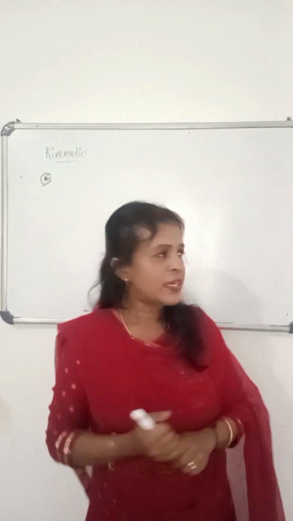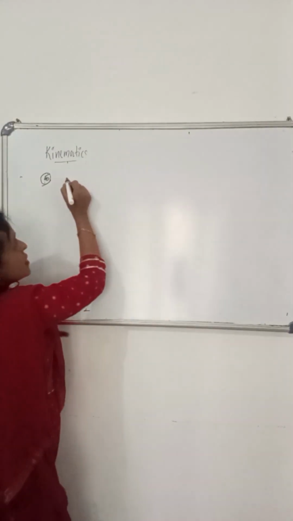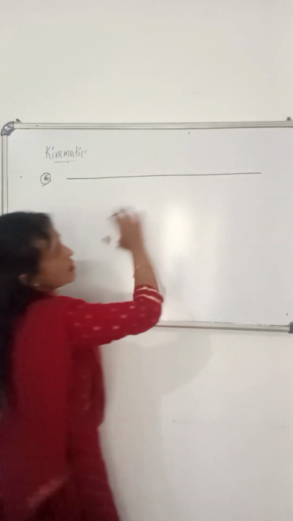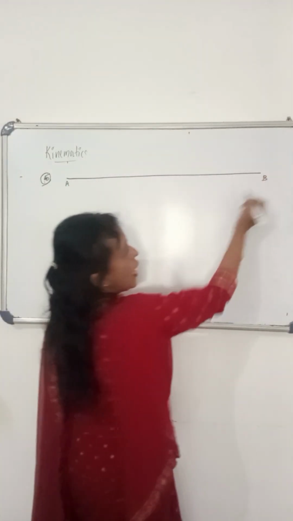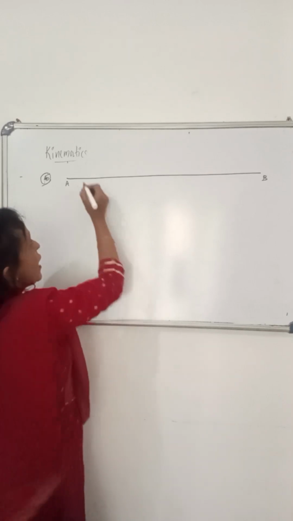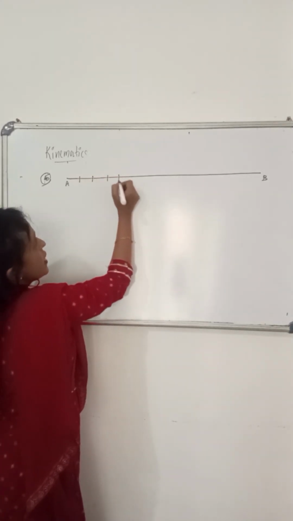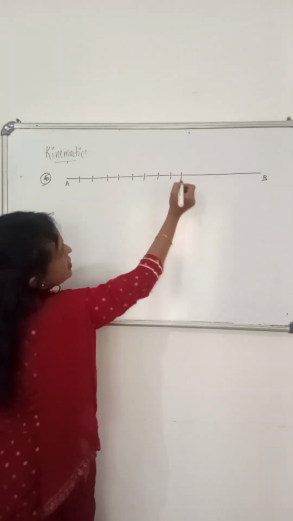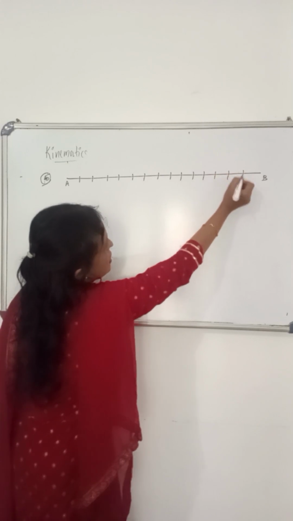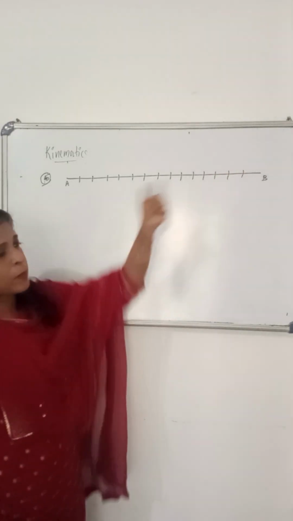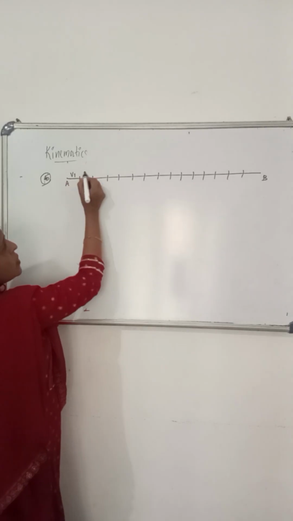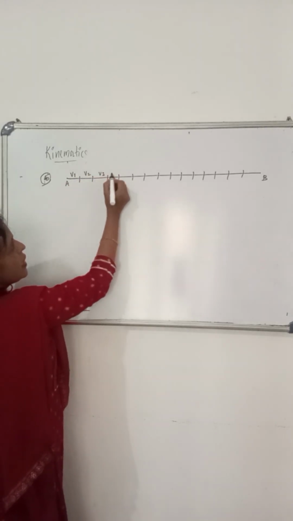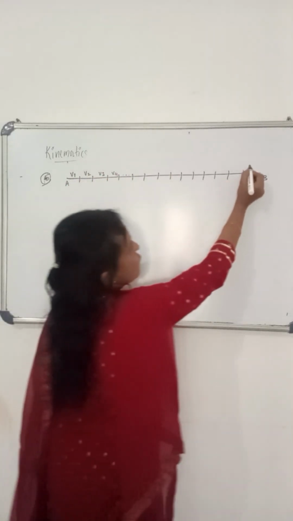The last problem we will discuss: suppose this is a straight line A to B, and we divide A to B into n equal segments. The first segment has velocity v1, then v2, v3, v4, like that up to vn.